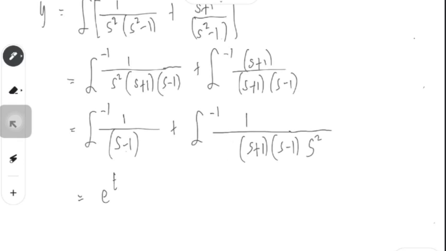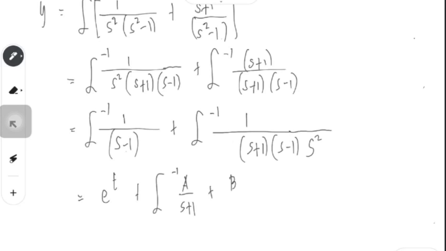So dito, okay na tong first term. S plus 1 is a linear factor. One factor, there corresponds one partial fraction. So you have the A all over S plus 1. Okay? Then plus, ito yung S minus 1 second factor.